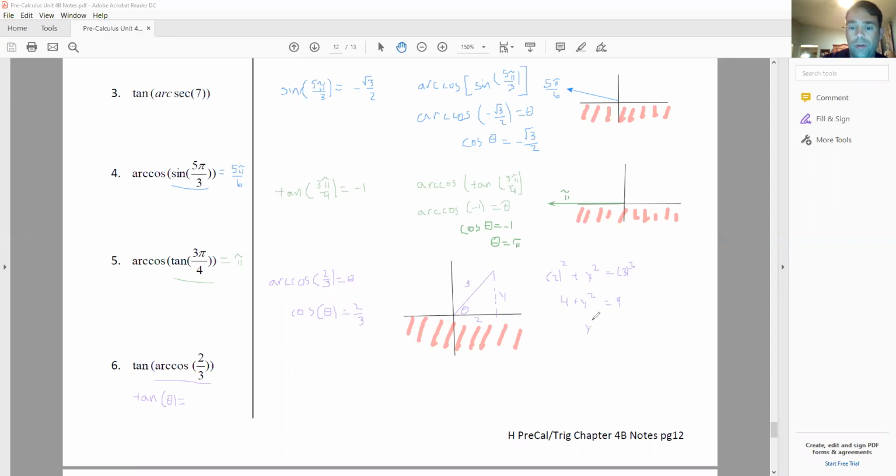So y squared equals 5. Get rid of the square, so y equals plus or minus square root of 5. In this case, I'm in quadrant 1, so I want a positive root 5. So then tangent is opposite over adjacent, so root 5 over 2.